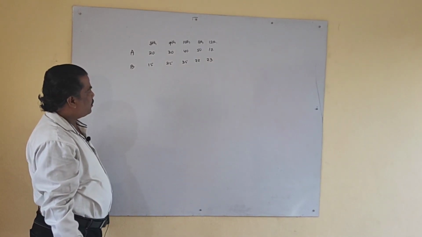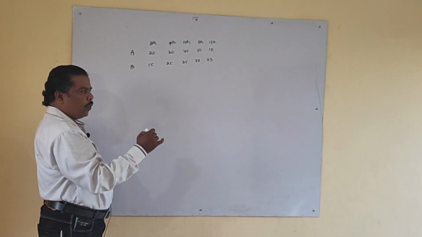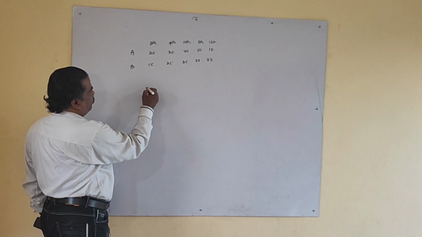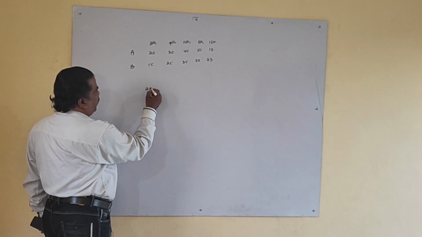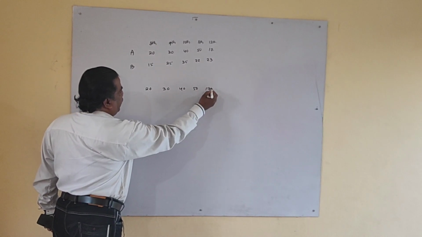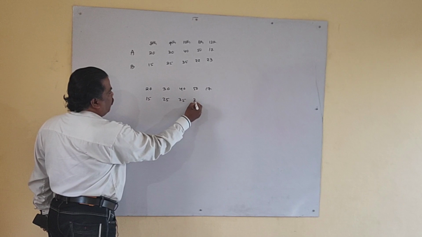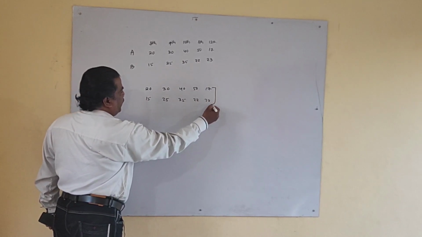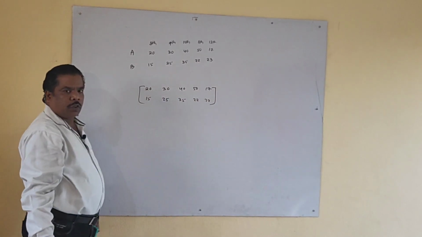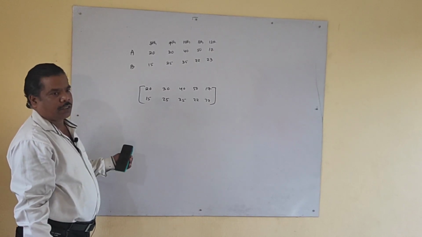If you arrange these numbers within a bracket, that is 20, 30, 40, 50, 17, 15, 25, 35, 22, 23, it is called a matrix. So a matrix is nothing else but an arrangement of numbers.